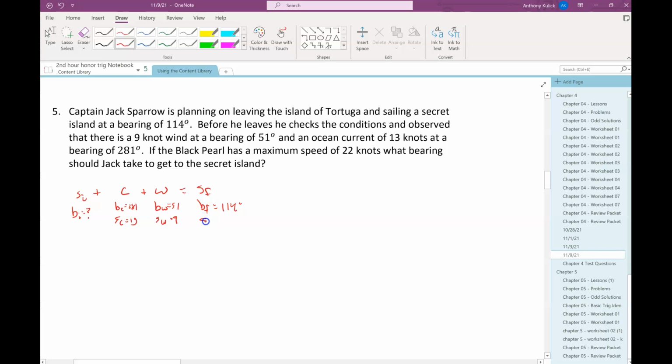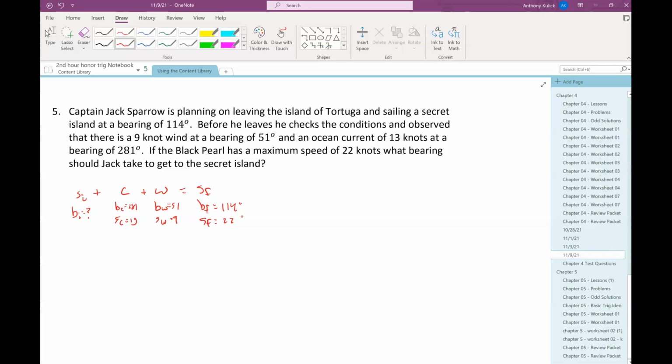And we're told that the fastest this boat can go is 22. So I'm going to put the 22 over here. That's the part that I think is really not well worded as to where that 22 is supposed to go. Right, so you set sail and you want to end up at some place, but you have to worry about accounting for the wind and the current.